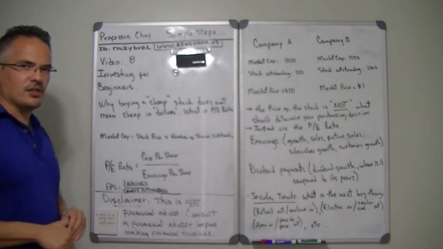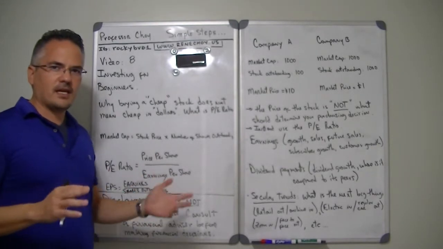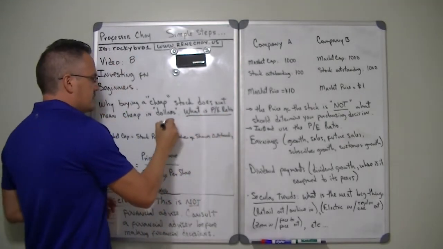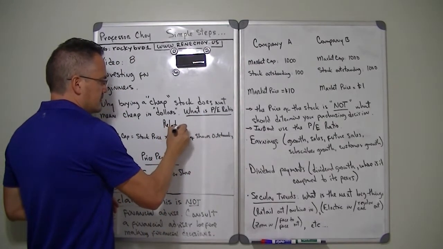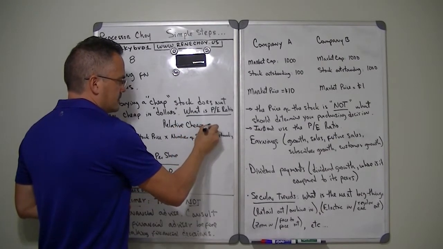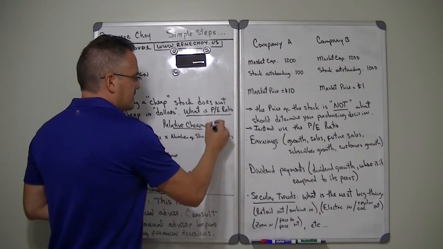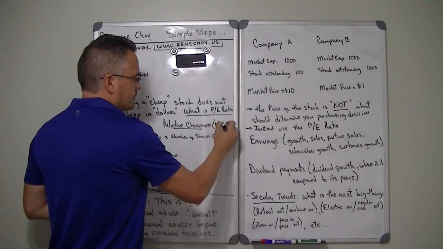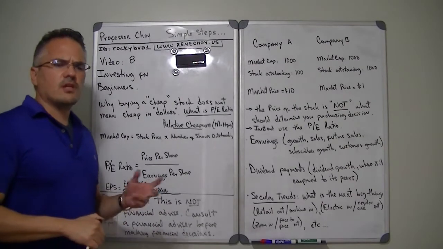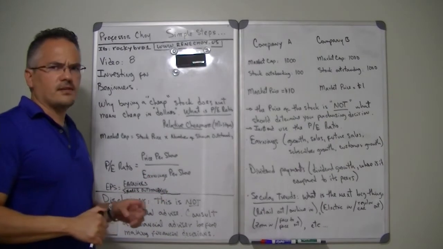The PE ratio is something heavily used by the entire financial industry to figure out the relative cheapness of something. It's also known as the multiple. Alright? And they usually don't use the word cheap, they use the word value.